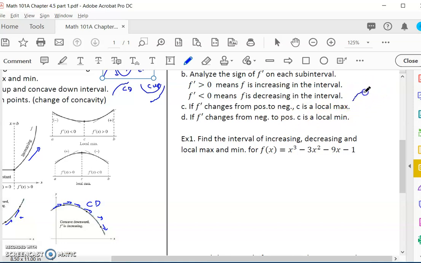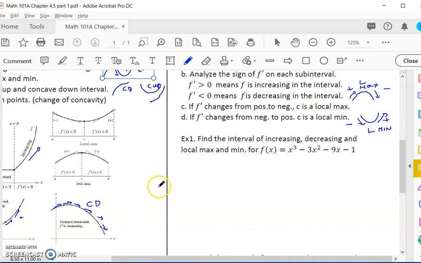Local max usually looks like this, right? So you have an increasing function on the left-hand side and a decreasing function on the right-hand side. So that is a local max. Local min usually looks like this, so you go from negative to positive slope. Okay, this one is a local min.